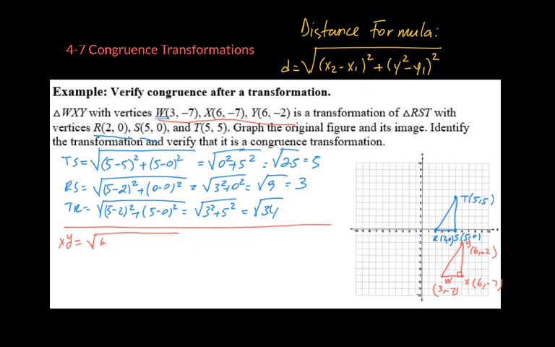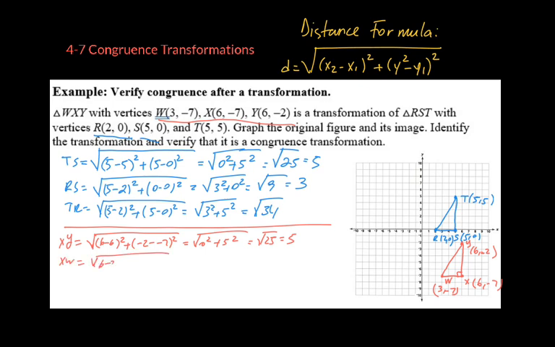So find the difference between the X values, square it, do the same thing for the Y. The first one is 0 squared, the second one is 5 squared, so we get square root of 25, which is 5.